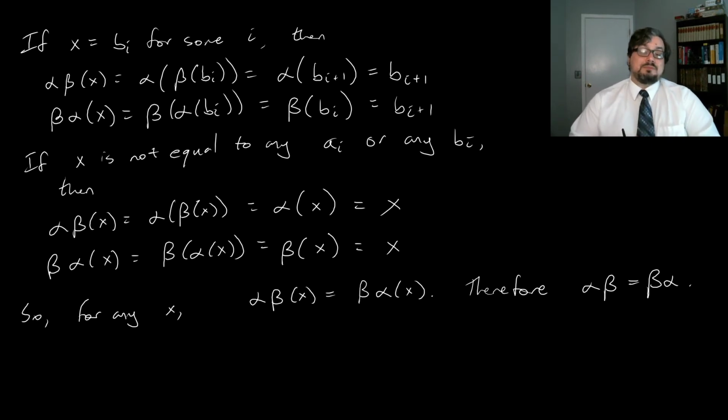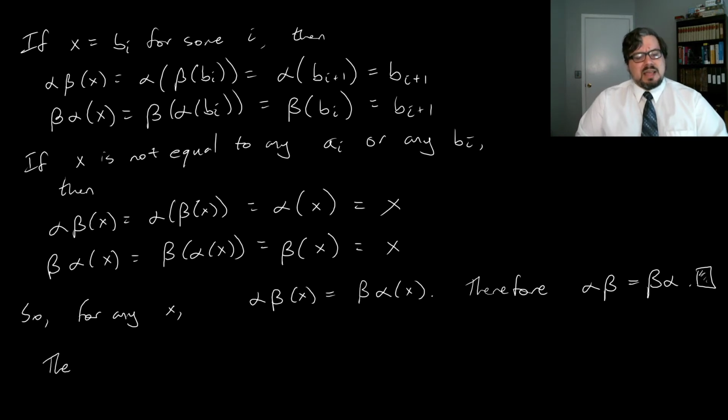So this is going to be very helpful to us. We now know that disjoint cycles commute, which allows us to manipulate the expressions that we have in useful ways. And in particular, it allows us to give an improvement on the theorem that every permutation can be written as a product of disjoint cycles.